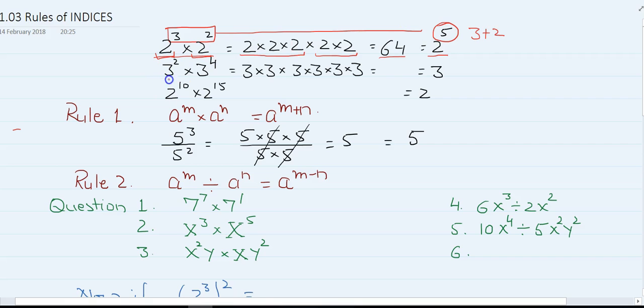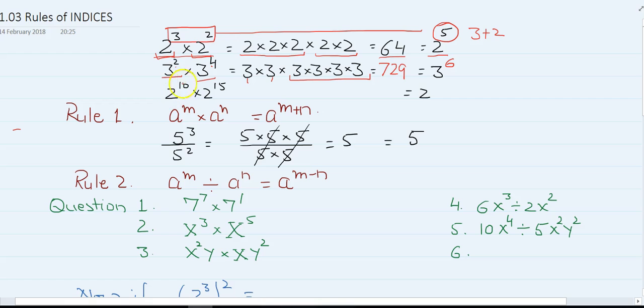In the same way, if we multiply 3 to the power 2 and 3 to the power 4, that is 1, 2 and 1, 2, 3, 4. So it will be 3 to the power 4 plus 2, which is 6, and that is 729. 3 to the power 6 is 729.